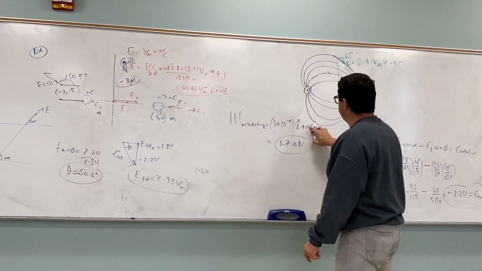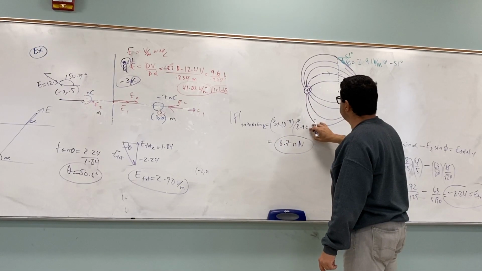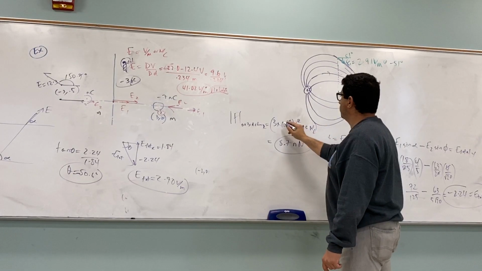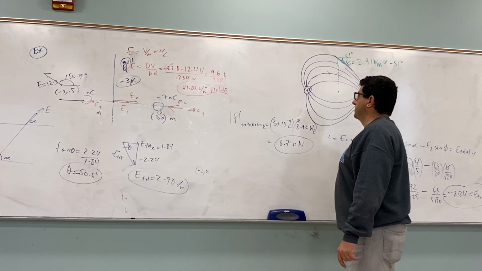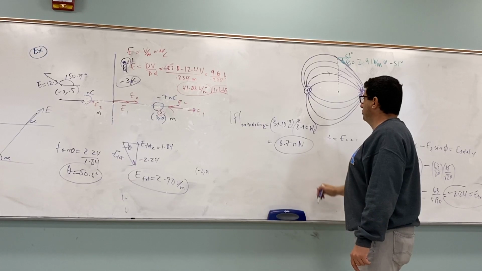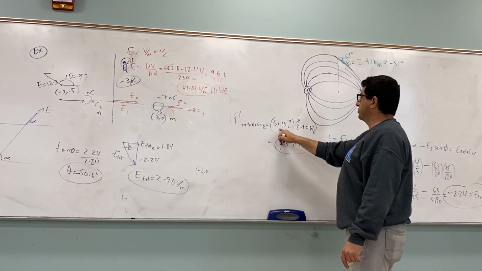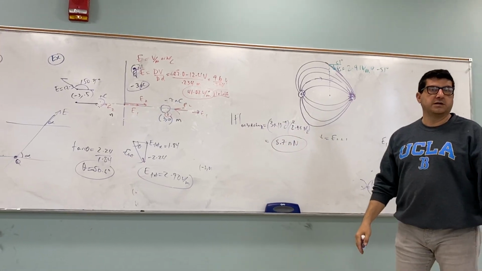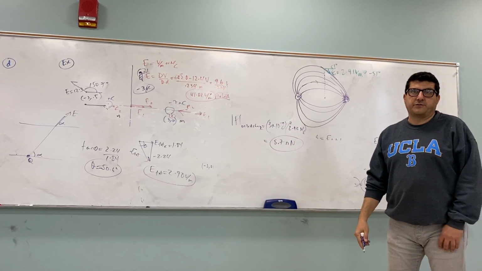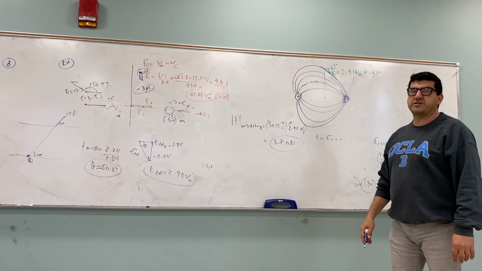That's it. Because remember, volts per meter is the same thing as newtons per coulomb. And that third charge is 3 times 10 to the negative 9 coulomb. So coulombs cancel, and this is a nano. So just 3 times 2.9. The force on that third charge is 8.7 nanonewtons.